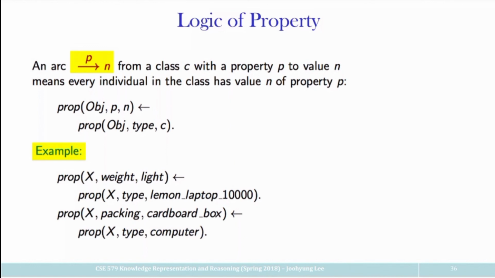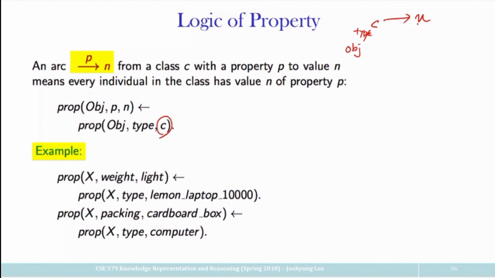One thing is here. So let's say this class C, the C is a class name, and the object is a type of this class. Okay? Now if this class has some property n, then the object will also have the property n. Right? So if a class has property n, then every object belonging to that class also has the same property n.